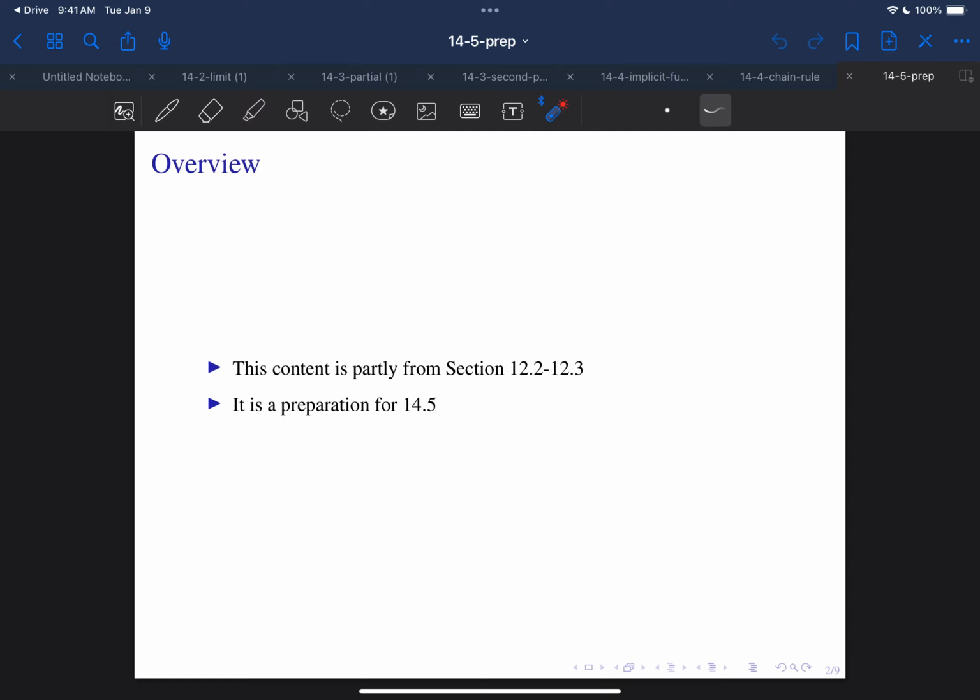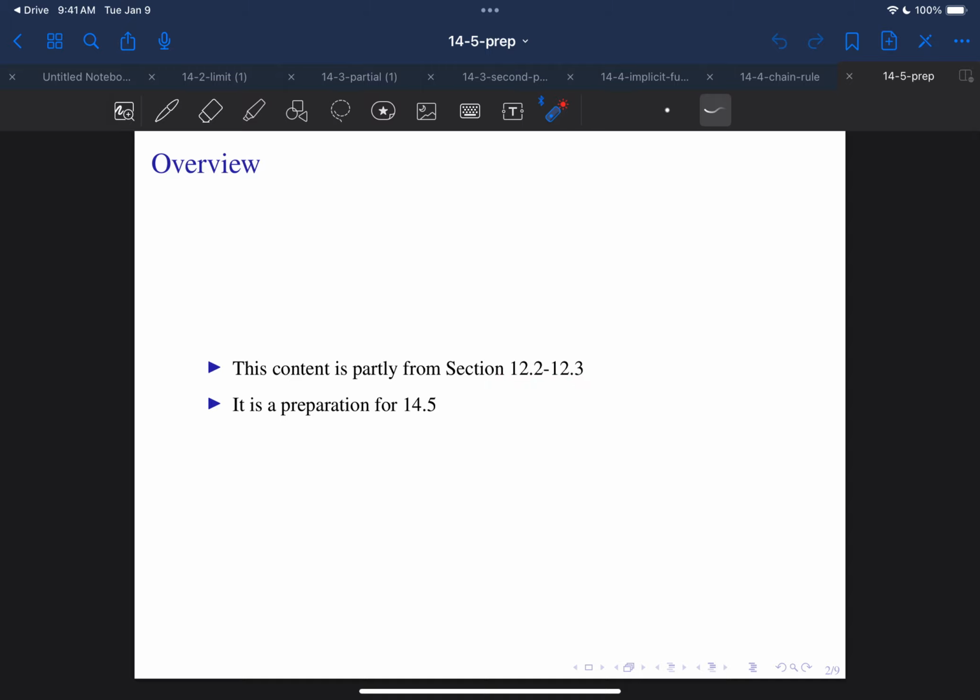We only mention some basic properties and concepts which will be related to our course, especially section 14.5. If you have more questions, you can go to the textbook, chapter 12, and find the related information.